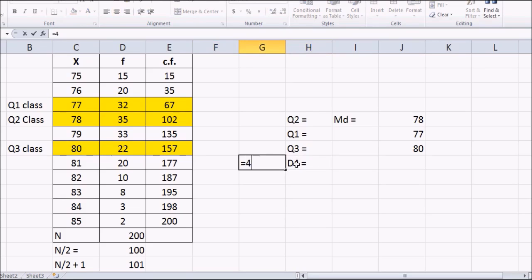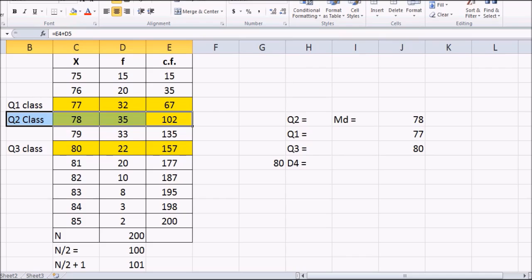So it will be 4 multiplied by n, which is 200, divided by 10, because deciles divide the data into 10 equal parts, and that happens to be 80. So the data corresponding to the 80th frequency will be my D4. So where is my 80th frequency? 35, 67. My 80th frequency also corresponds to this class.